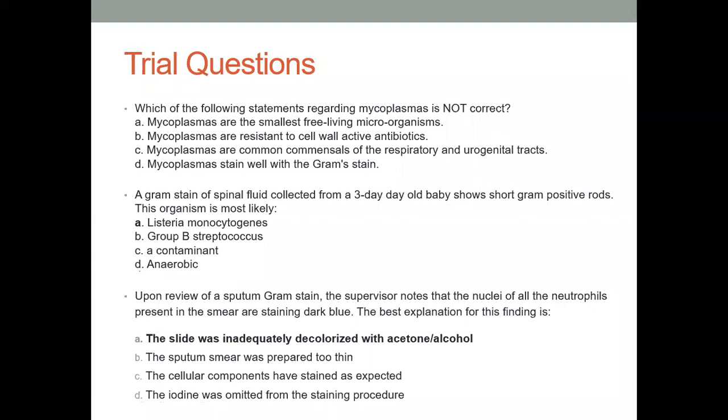Neutrophils don't have cell walls, and therefore you expect them to stain gram negative, which means they have to stain red. Instead of staining red, they are staining dark blue, so it means there was under decolorization, inadequate decolorization. This question shouldn't worry anybody if you come across it.